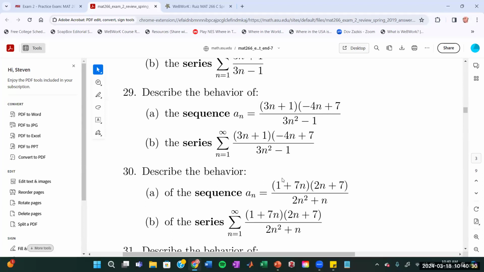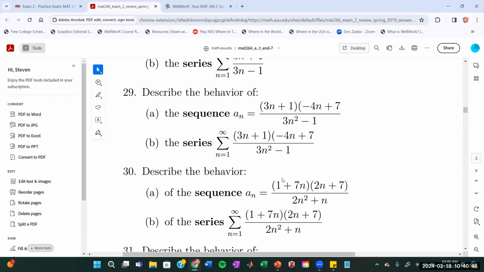It converges to zero, right? I can do the same kind of thing. I can still divide it by n squared over n squared. And then what does it look like?